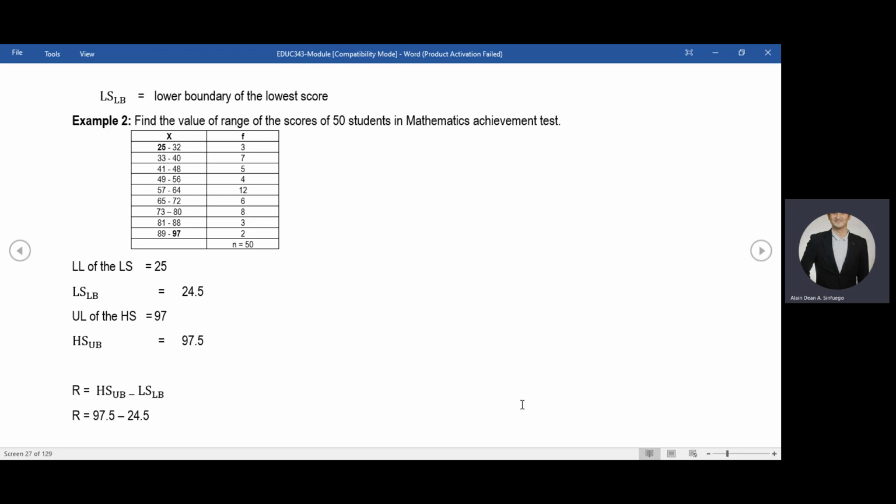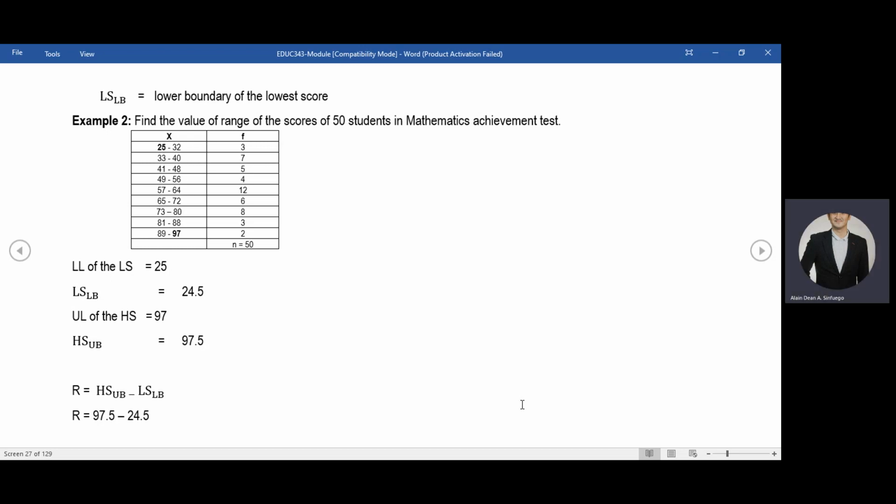Frequencies are 3, 7, 5, 4, 12, 6, 8, 3, and 2. So we just need to consider the lowest score, which is 25, found on the first class interval, and 97, of course, on the last class interval.